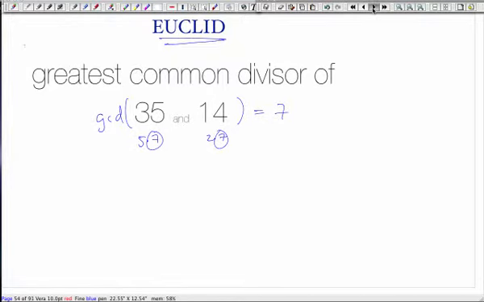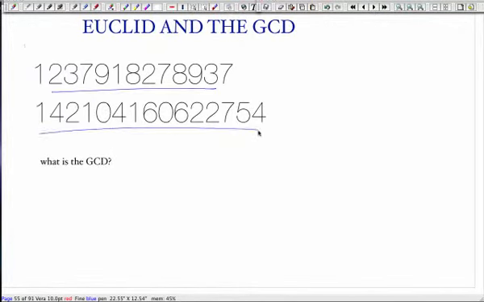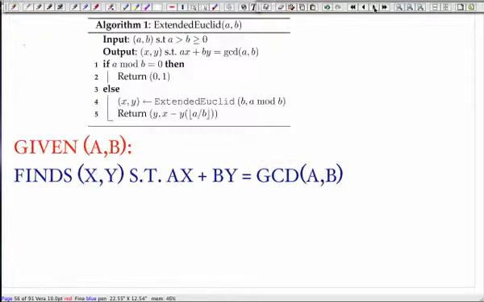Okay, so the point is, for example, solving a problem like this, you couldn't factor these numbers in 5 minutes, but if I gave you 5 minutes and this algorithm, the extended Euclid algorithm, basically, don't be freaked out by that.